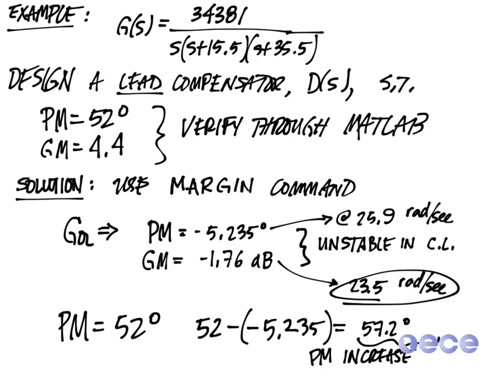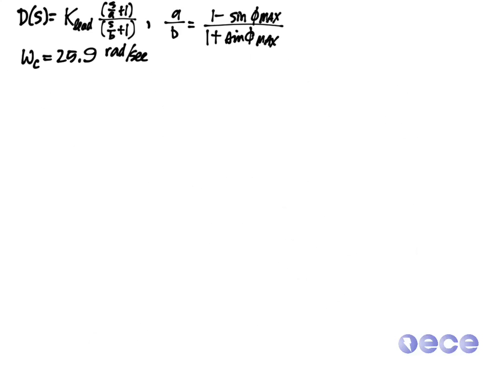So the gain margin is at 23.5 radians per second. That's where phase crosses minus 180 degrees. So we'd like to keep the phase margin, which happens at 25.9 radians per second, so we want to keep omega c equal to there.